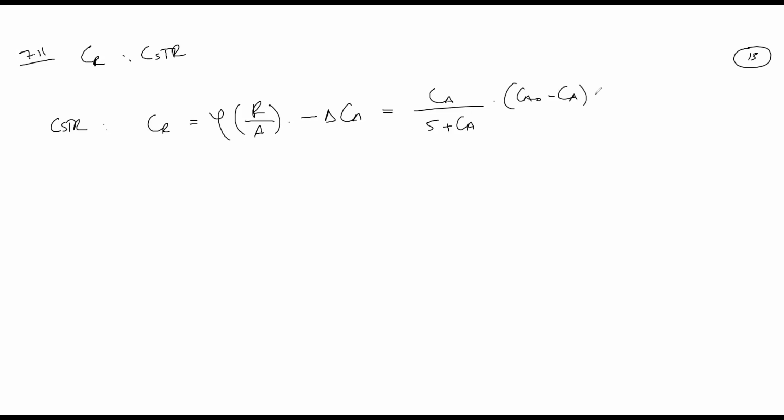CA naught is 40, so I can plug it in directly. So I'm going to get CA over 5 plus CA multiplied by 40 minus CA. And this is the expression I want to maximize.